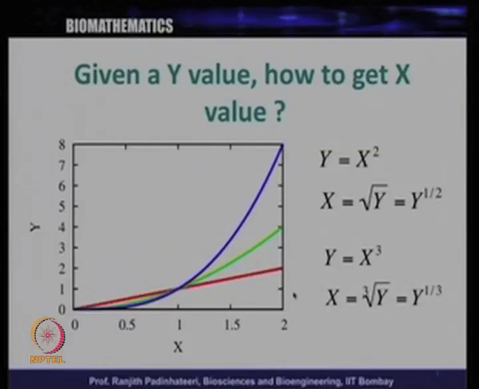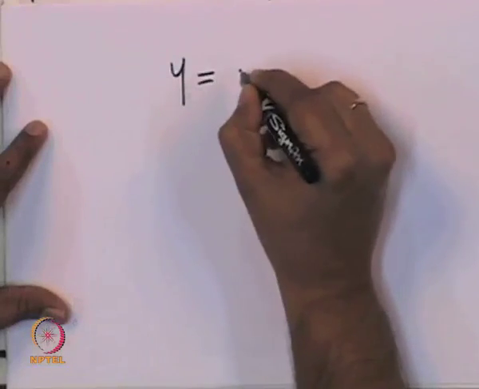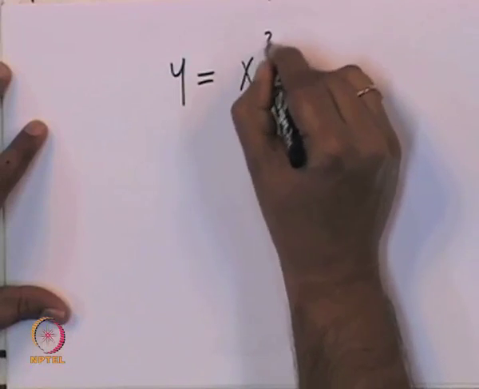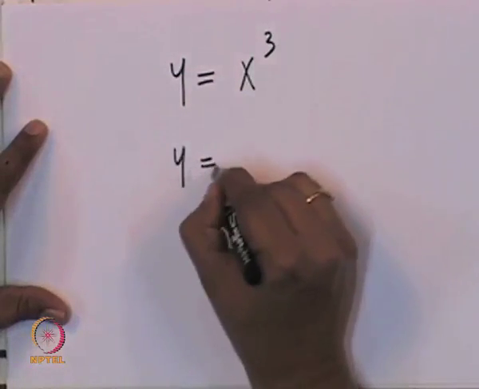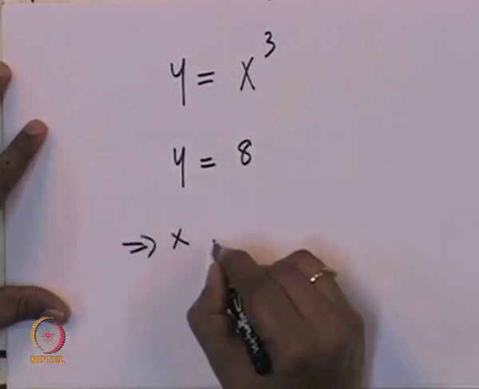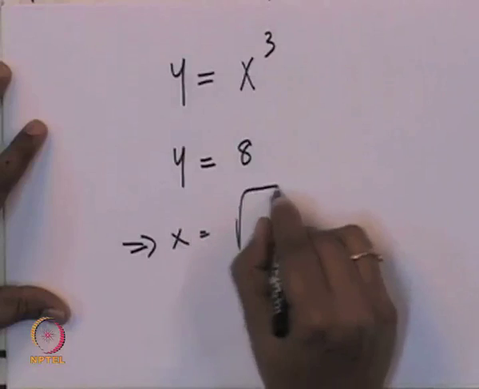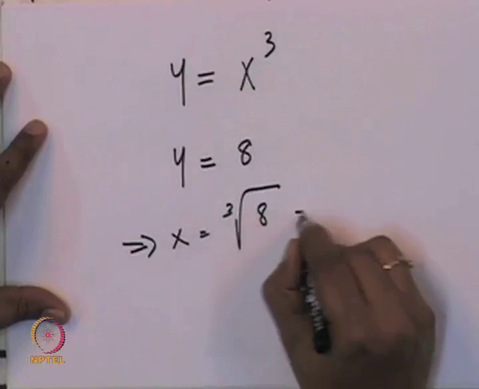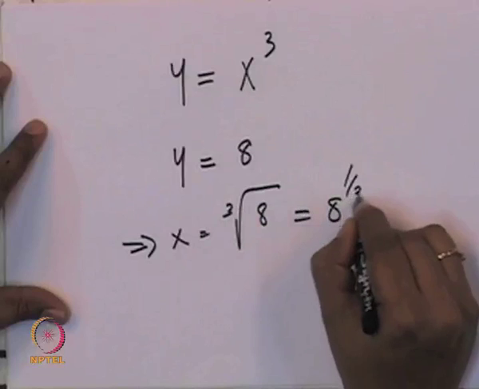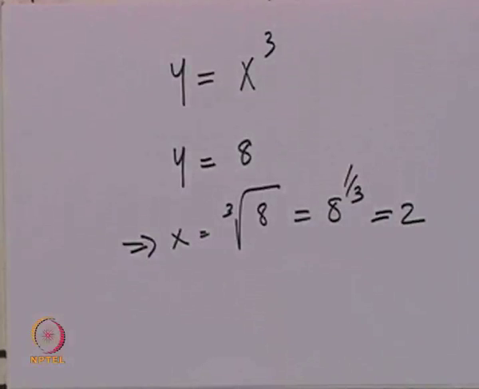So if y is equal to x cube and y is equal to 8, to calculate x we have to find the cube root of 8, which is 8 power 1 by 3, which is 2. This is how we calculate the x value given a y value.